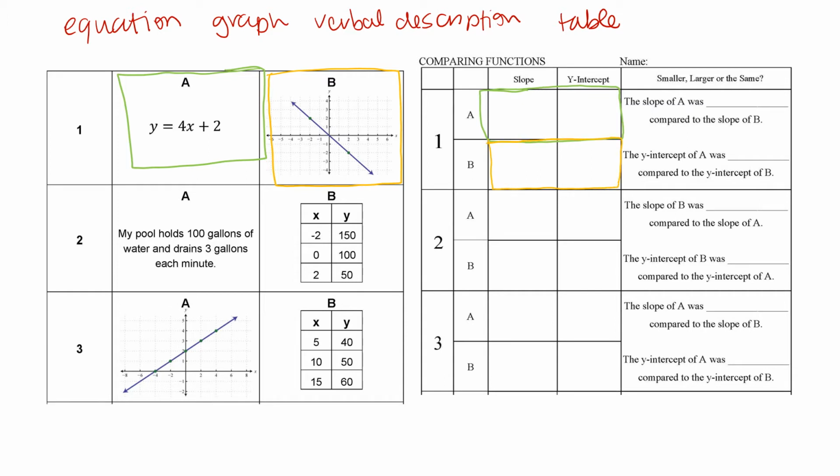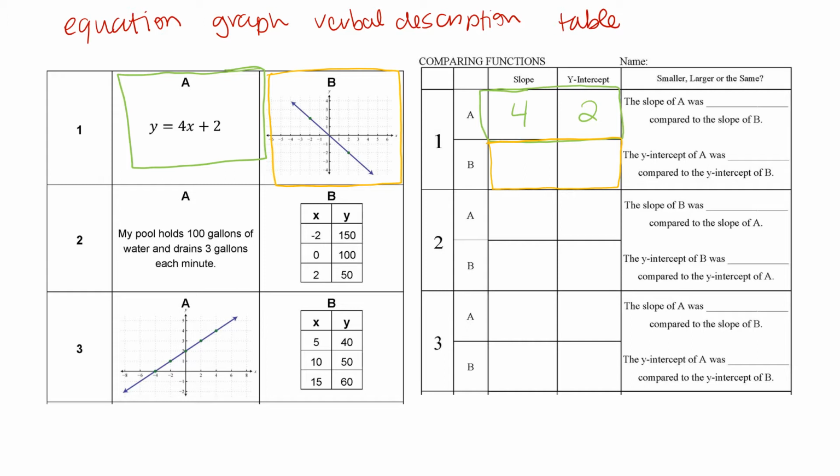For A, it's pretty easy with the equation y equals 4x plus 2. I know that 4 is my slope because it's next to my x. And I know that 2 is my y-intercept. For the graph, it's a little trickier. You have to figure out your slope by doing rise over run, and your y-intercept is where the graph crosses the y-axis.